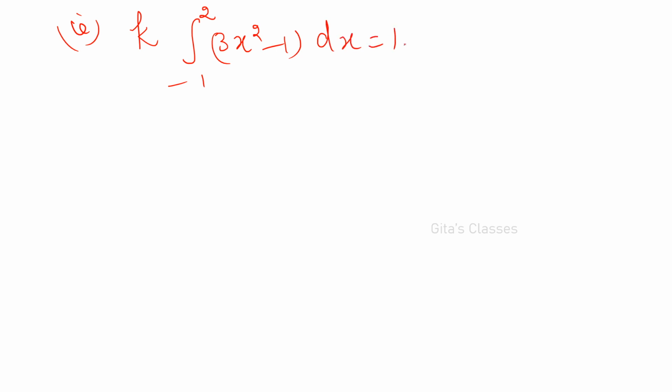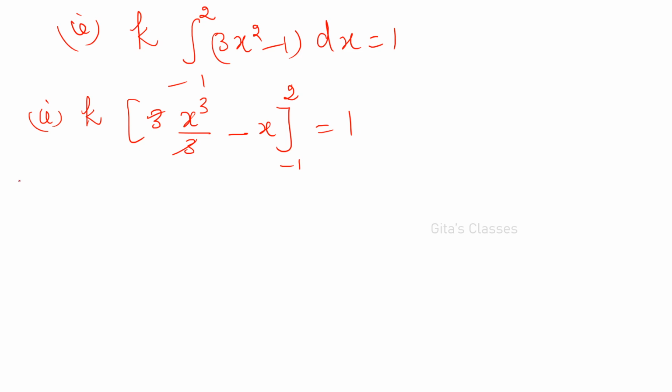Okay. That is, I will take k outside. Minus 1 to 2, 3x squared minus 1 into dx is equal to 1. Right. That is k into 3 into x squared, if you integrate you will be getting x cubed by 3, minus, if you integrate 1 you will be getting x. So minus 1 to 2. 3 will get cancelled. It's equal to 1.